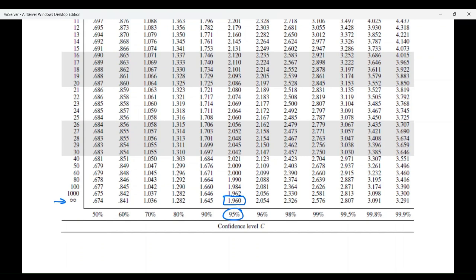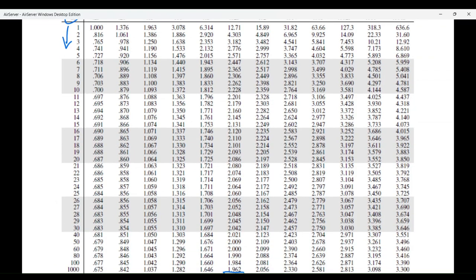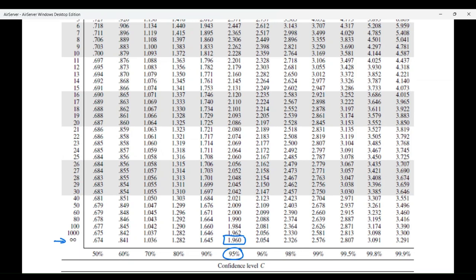As the sample size goes down, this left column is our degrees of freedom. This is the DF on that left column going down. So you'll notice as the degrees of freedom get smaller, as we go up that chart, in other words, my sample size gets smaller and smaller and smaller, it is more and more likely that the standard deviation for the sample gets smaller than the standard deviation for the population.